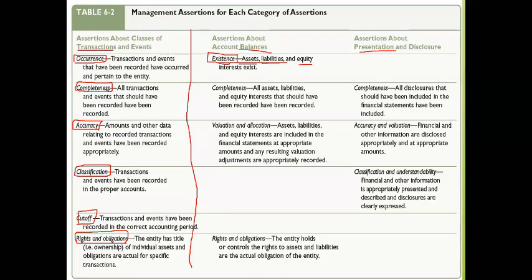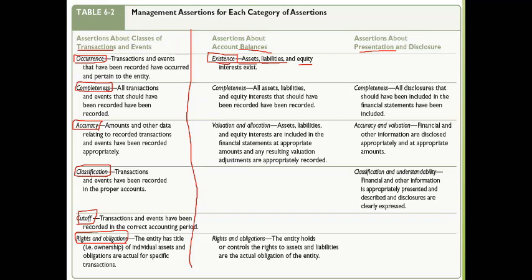I looked at the books and found, for example, equipment of 10 million. In order to make sure that this is an existing balance, I have to go and count the equipment that the company has in its place. This is existence.